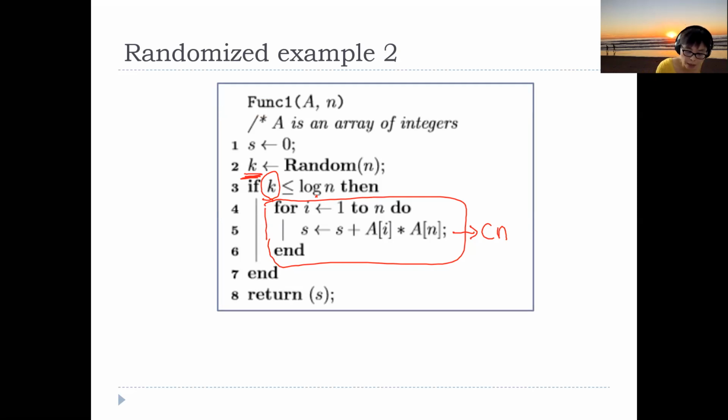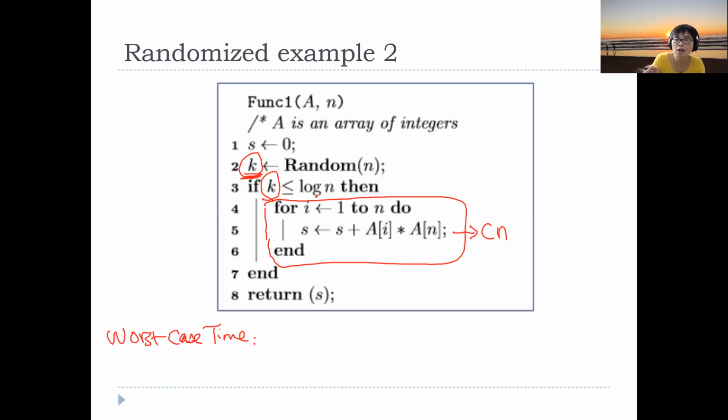Let's see that. First, what is the worst case running time of this? The running time depends on the choice of k, so you need to figure out for what choice of k the function runs slowest, where the running time is the biggest. Now k can go from 1 to n. If k is bigger than log n, that's the best case, because the algorithm does nothing, so it's only constant.